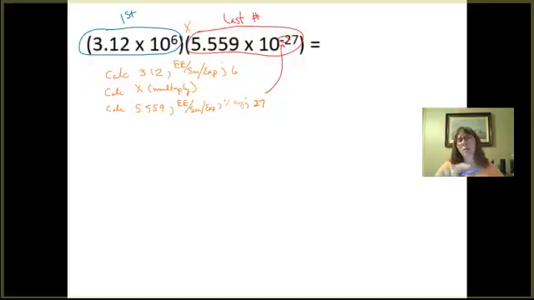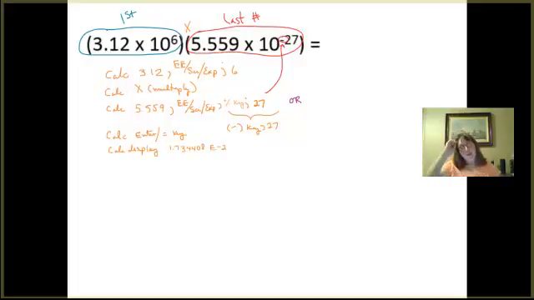You can hit the plus minus key and then 27, or this calculator that I've been using recently, you hit a negative sign in parentheses and then the 27 for your exponent. Once you're done entering that second number to be multiplied by the first number, then you go ahead and hit your enter or your equals key and you're done.